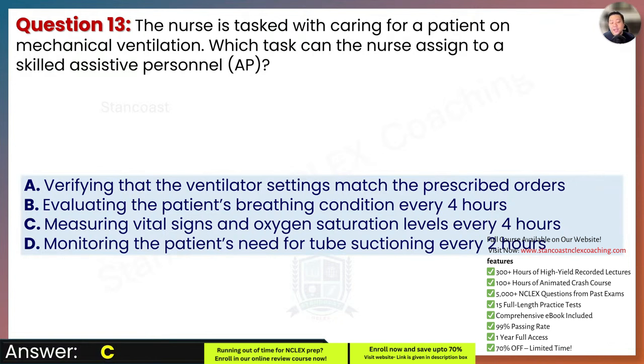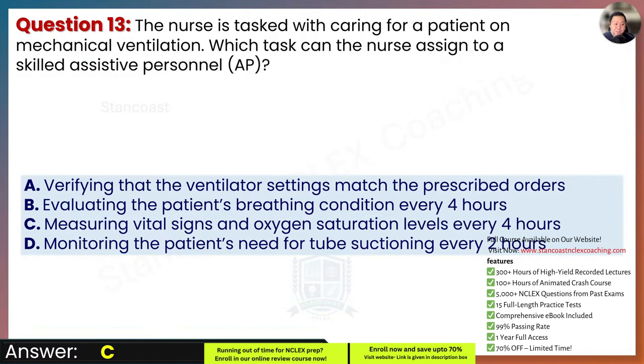Now, when you're considering delegation to the assistive personnel, it is very important that you ensure that the task matches their scope of practice, which typically includes routine technical duties that do not require complex clinical judgment. The patient here is on mechanical ventilation, and the situation involves critical and delicate care.